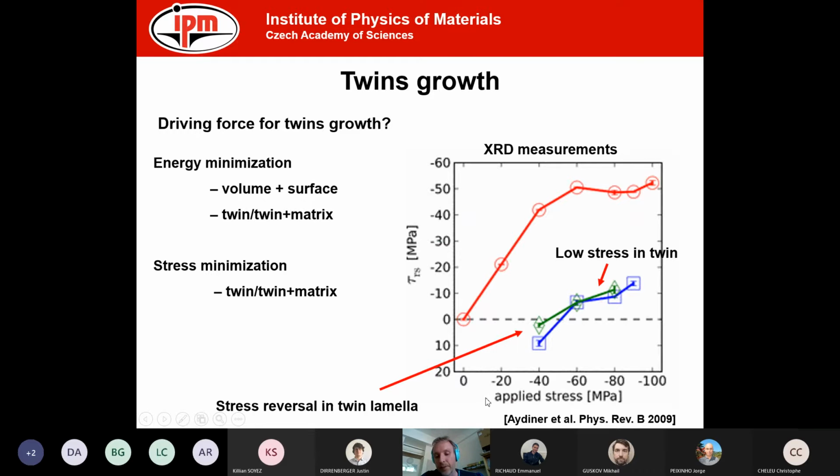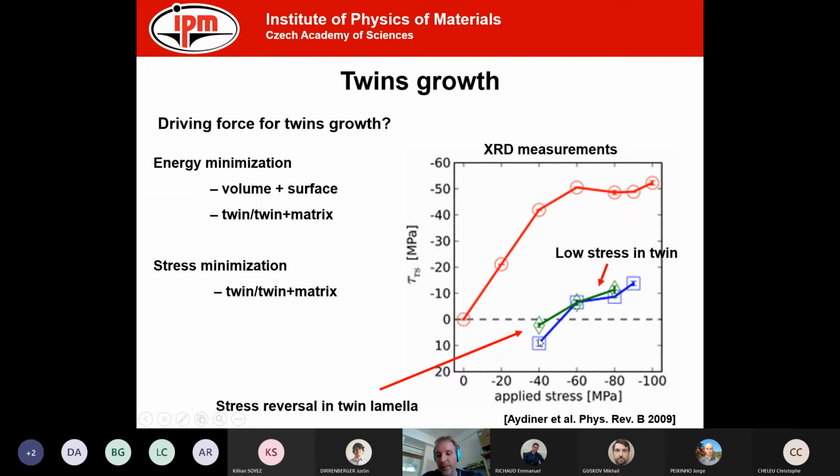So here on the x-axis there is the applied stress, and on the y-axis there is the shear stress at the twin plane. And you can see that the stress increases in a linear way, but when the twins are created, then the stress sort of levels and remains almost constant.